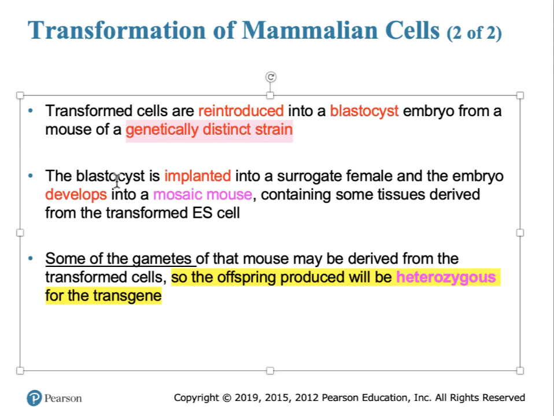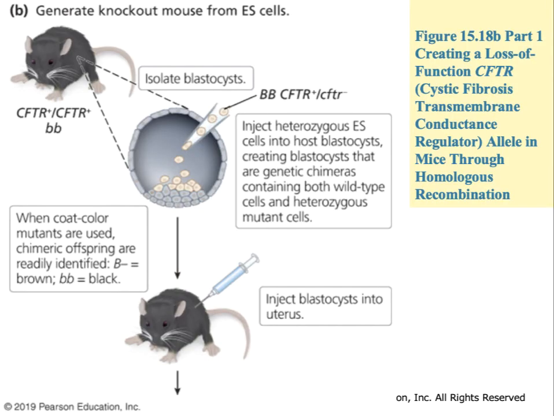The blastocyst is implanted into a surrogate female, and the mouse that's born will be a mosaic in nature. If that mouse survives to adulthood, it will also produce its own gametes, some of which will contain the chromosomes from the transgenic. So the offspring produced by these will be heterozygous for the transgene. Figure 15.18 takes one through a journey of such an experimental manipulation.